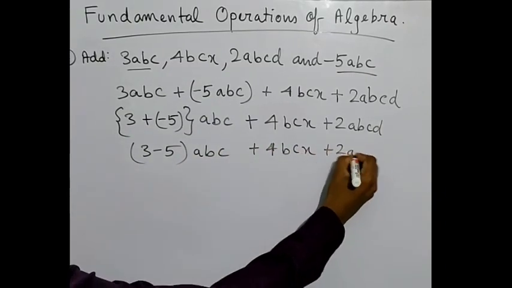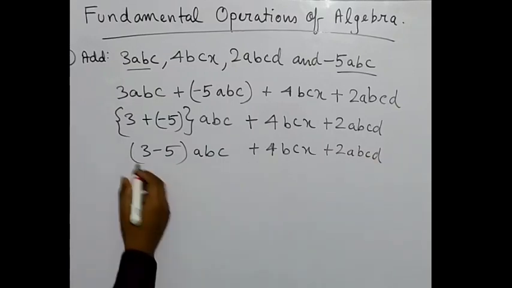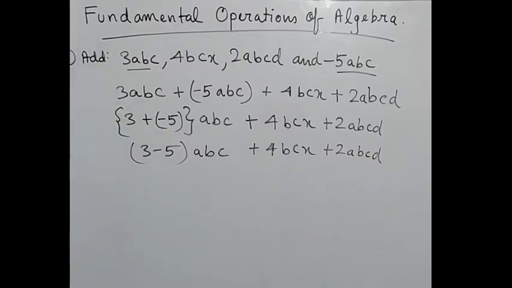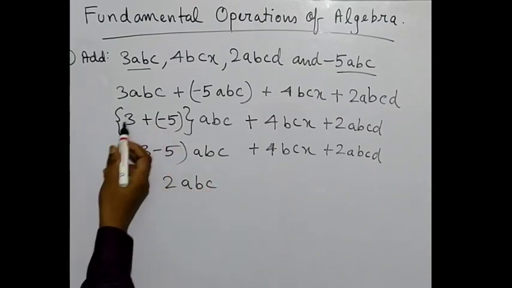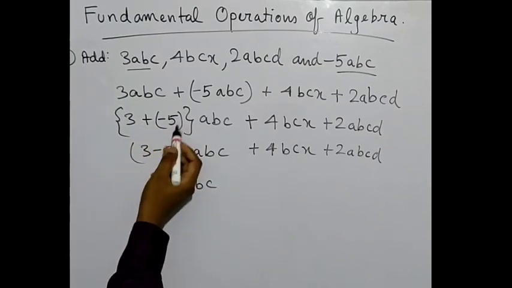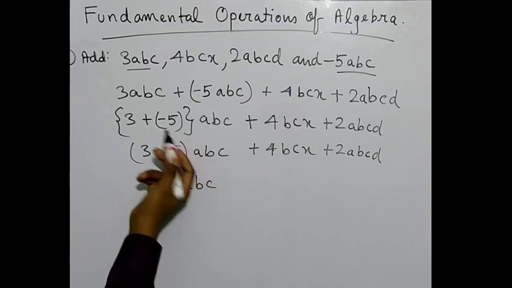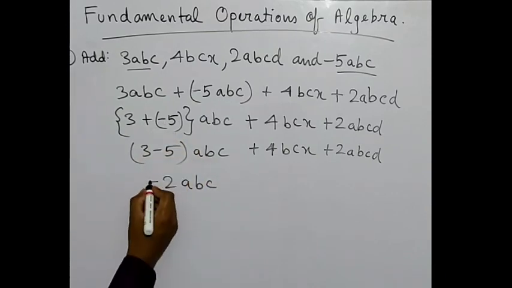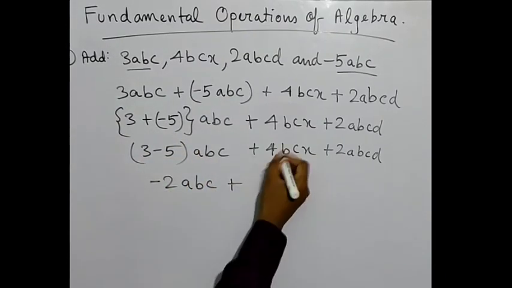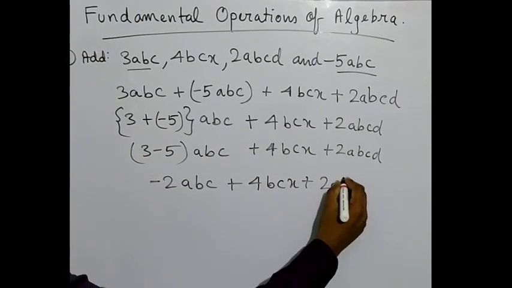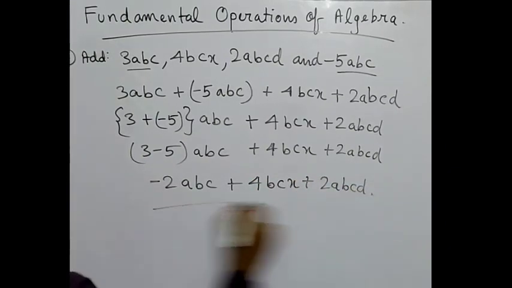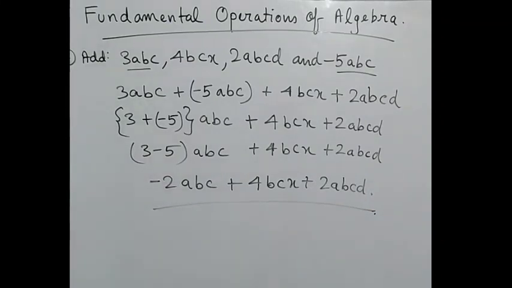Now what is 5 minus 3? 2. So 2abc. Now let's look at the sign. Absolute value of negative 5 will be greater, so we'll take negative 2abc plus, let's bring down 4bcx plus 2abcd. This is the answer.